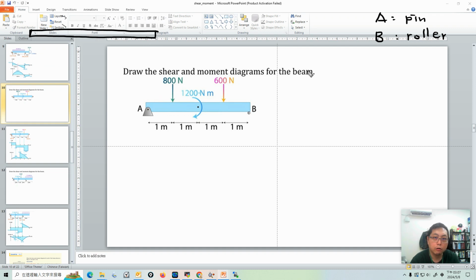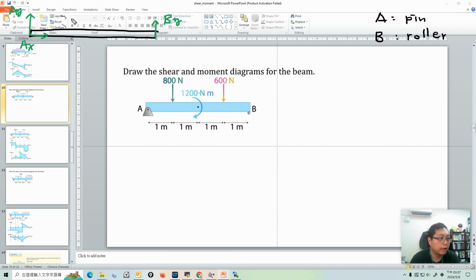Okay, A is a pin support, so there are reaction forces, which I call AY and AX, and B is a roller support, so we have only a reaction force pointing up. What's our external loading?